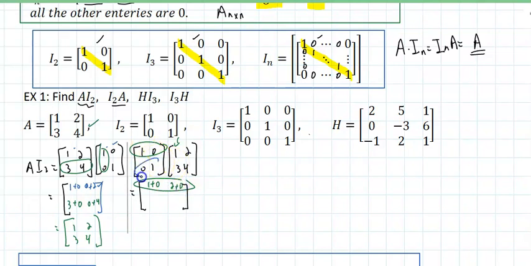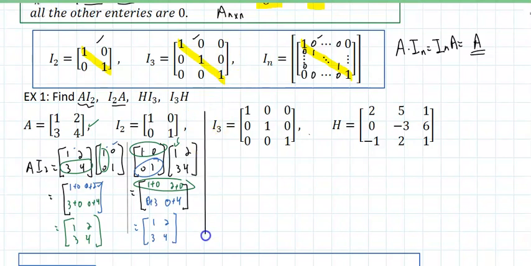To generate the second row, I use the second row: 0 times 1 plus 1 times 3, and 0 times 2 plus 1 times 4. And I end up with 1, 2, 3, 4. And you notice I get the same thing back.